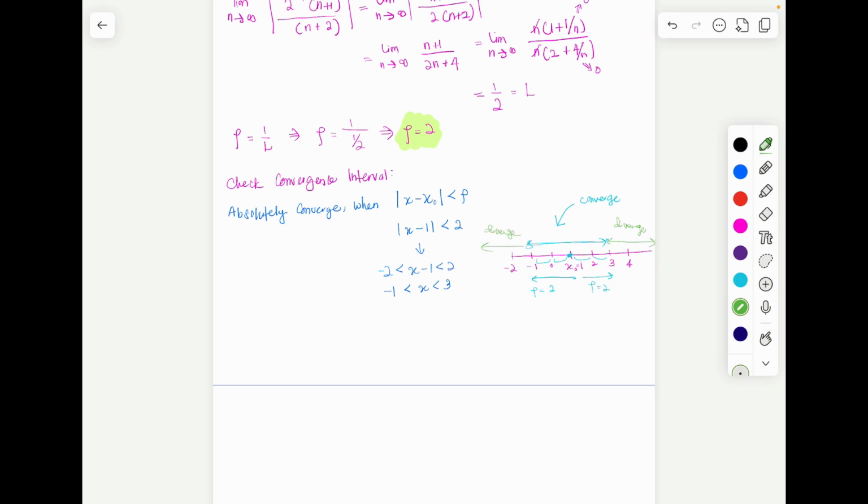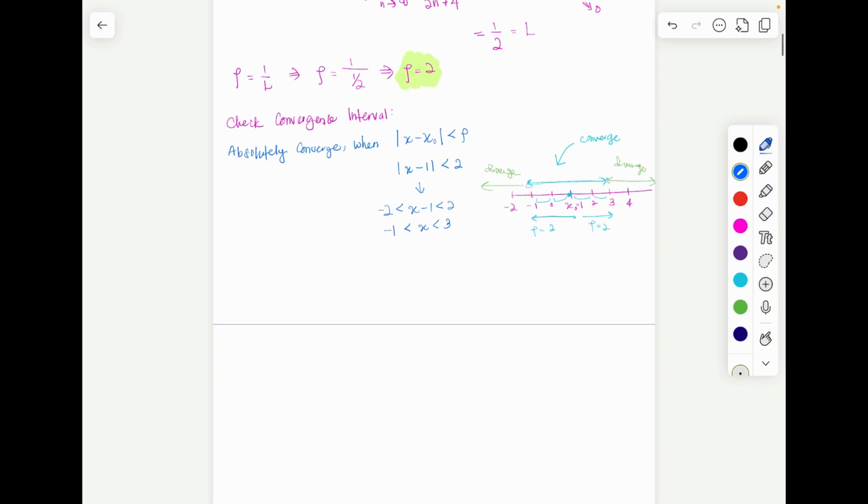Okay, but then how can we find the diverged part algebraically? So by the theorem, we know that the power series diverges when |x minus x naught| is greater than rho.